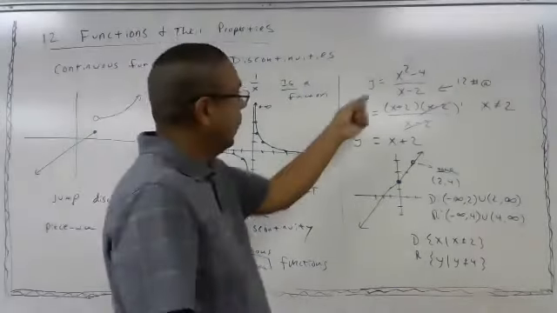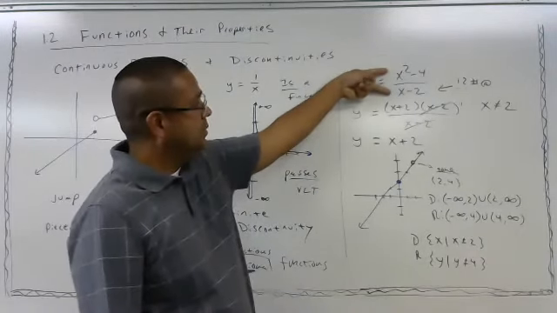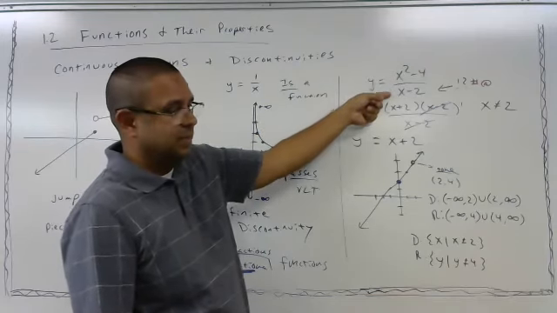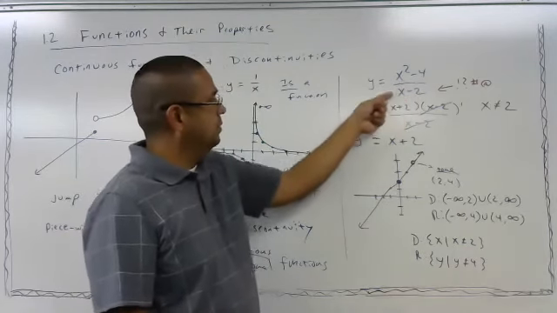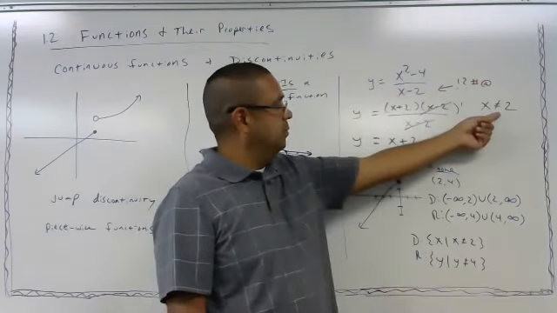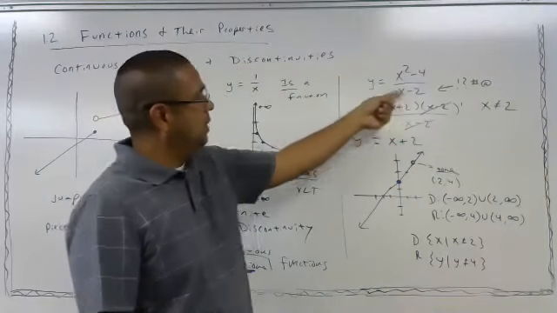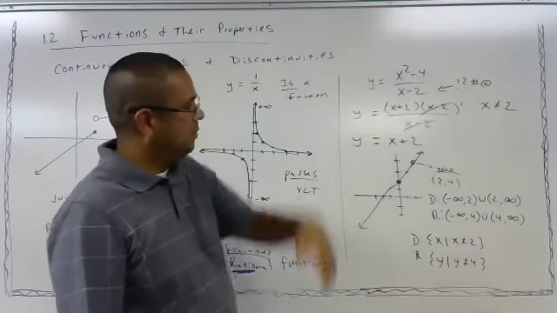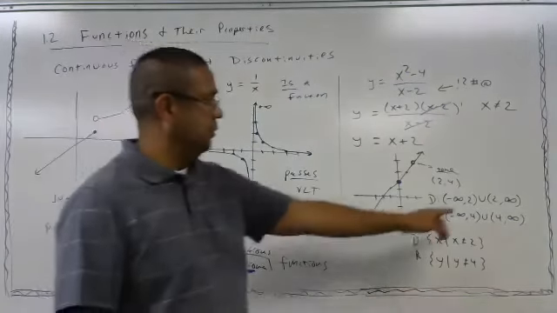Okay. So we talked about a fraction. We learned way back when that when we have a fraction, we can't divide by 0. So I can't let the denominator be equal to 0. So the value that makes it 0 is 2. So x cannot be 2. Because if x was 2, 2 minus 2 is 0, and now I'm dividing by 0, which is not allowed. So we remove 2 from the domain.